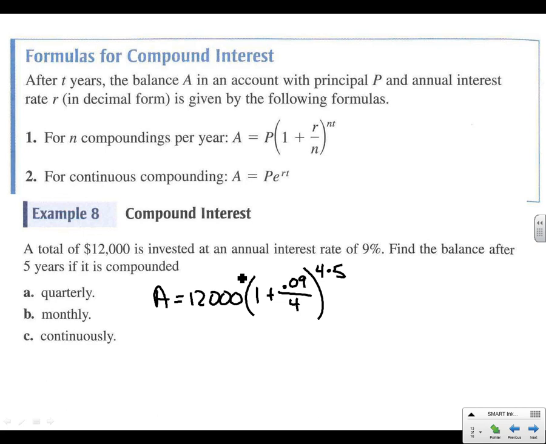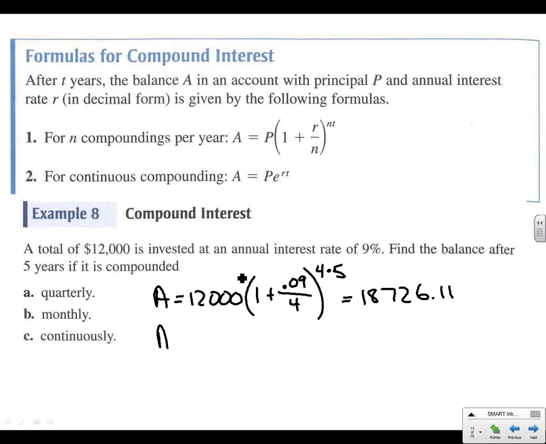We're doing this for 5 years. Okay, so if we plug all of these things in, we're going to end up with a final answer of $18,726.11, if you plug that in properly with the proper order of operations.